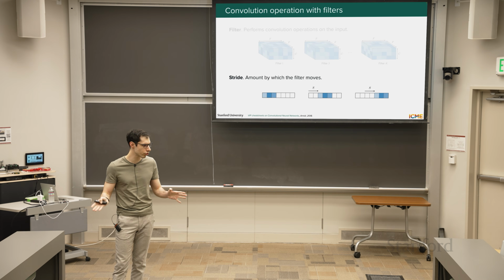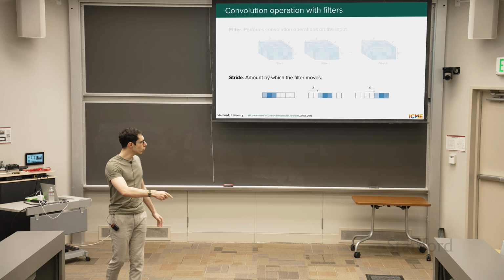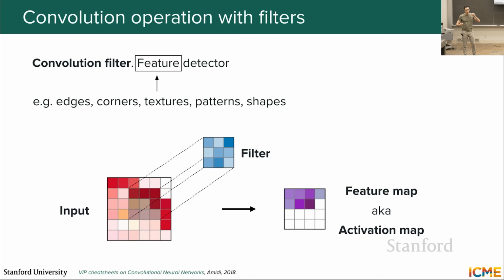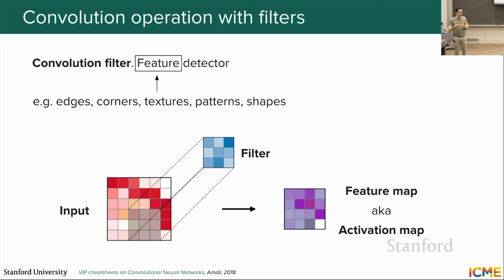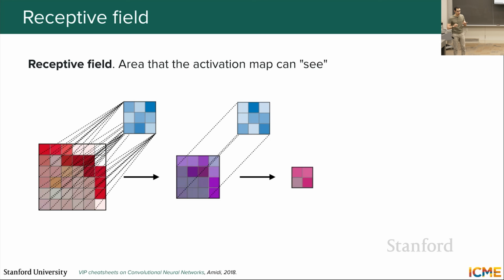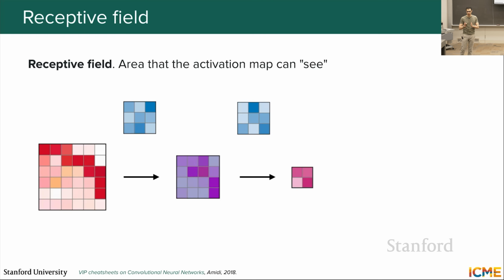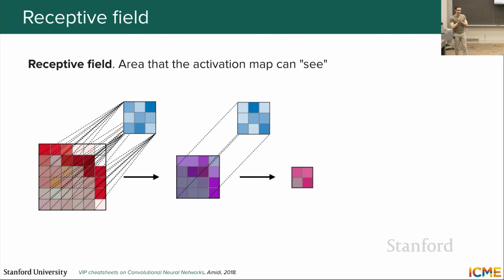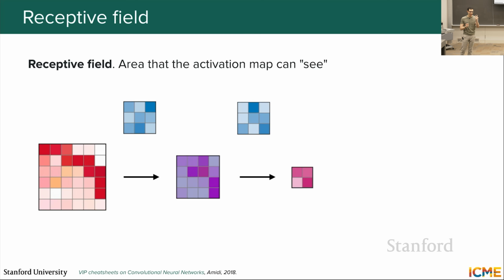But how about the global structure? You want your output to have seen the whole input, to be aware of it. So there is this concept of a receptive field, which is defined by the area that an activation element is able to see.